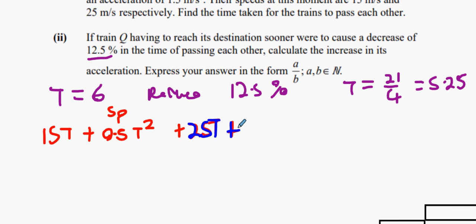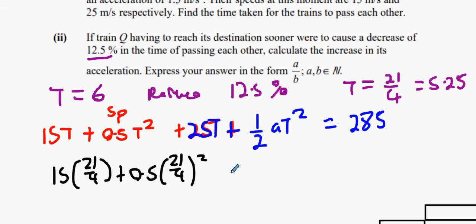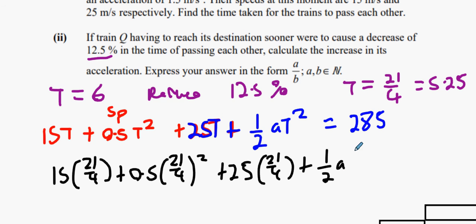So a different acceleration would be a half at squared, and that still has to equal 285. Now anywhere I see t, I can now put in 21/4. Alright, saves a bit of time.